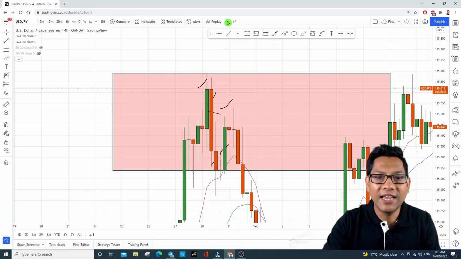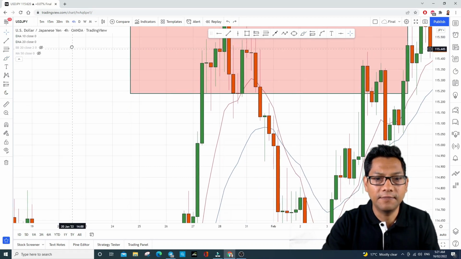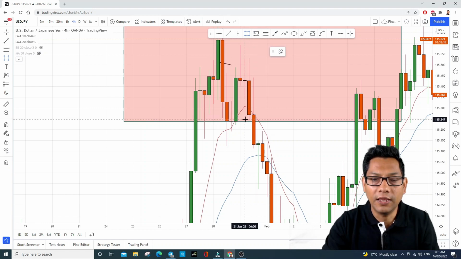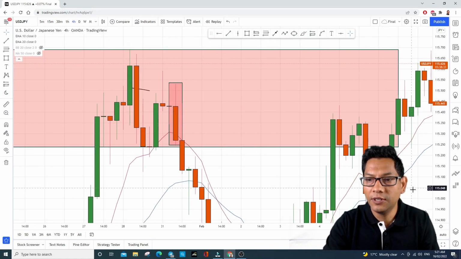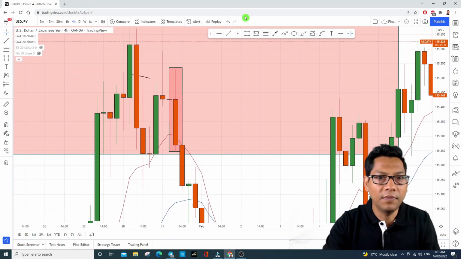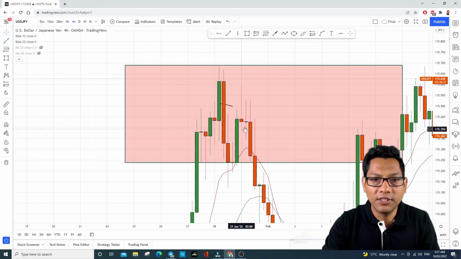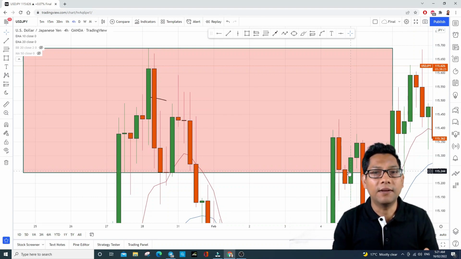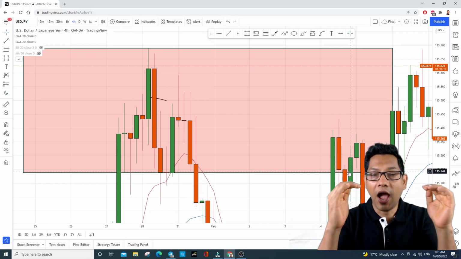Now the last candle, why do I think that the sellers took control in this candle? There is a very important significance in this red candle. Pay attention. First, to find out who took control, always look at the high and low.